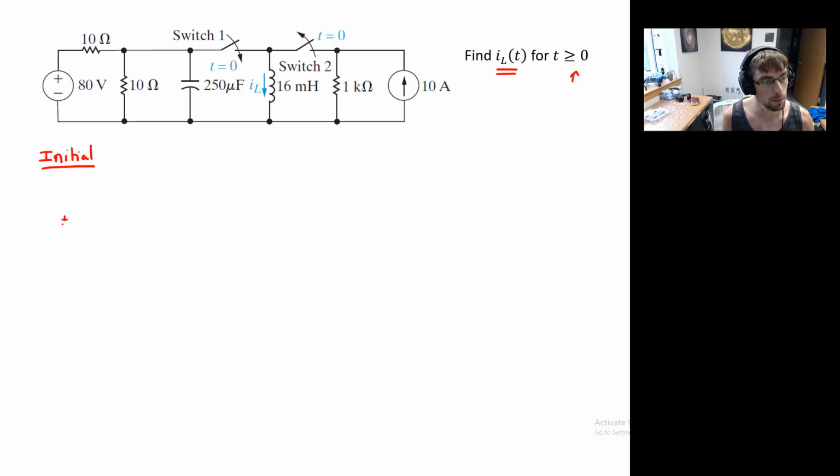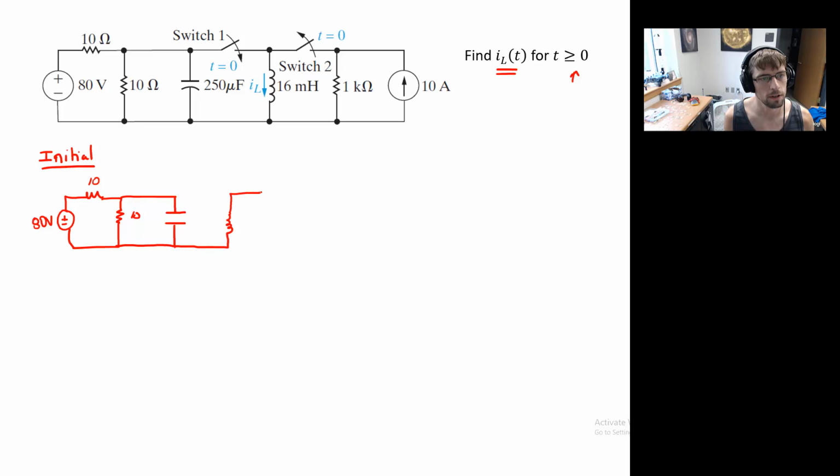So initially what we're dealing with is something like the 80 volts here. We have our 10 ohm resistor, and a 10 ohm resistor here, so we'll put 10. And this switch is being closed. So right now we have our capacitor. Now that switch is open at time equals 0, so I can draw the bottom line but not the top.